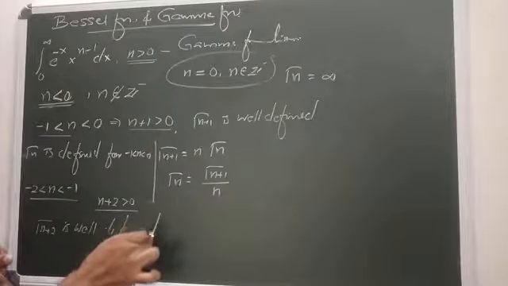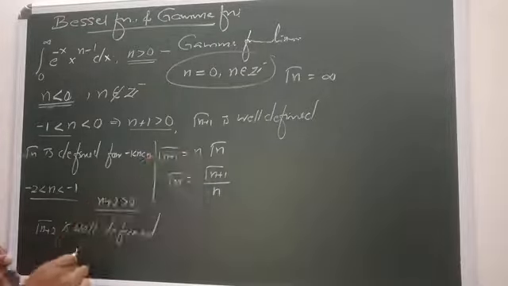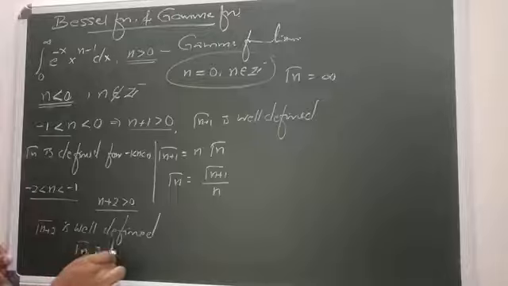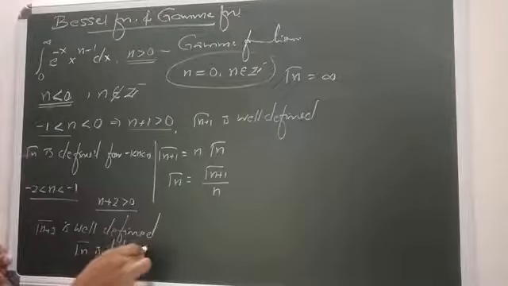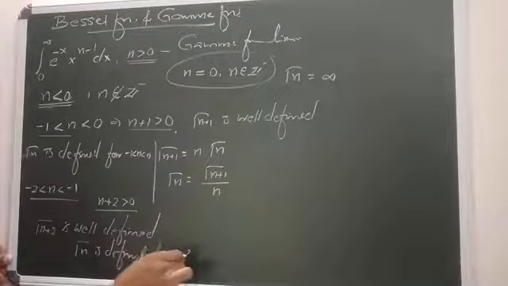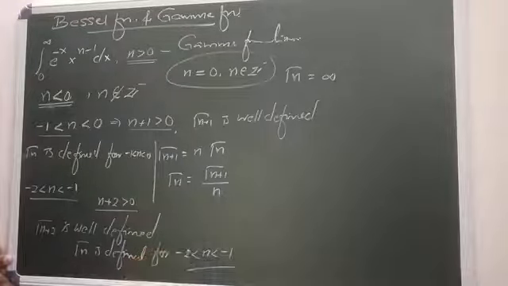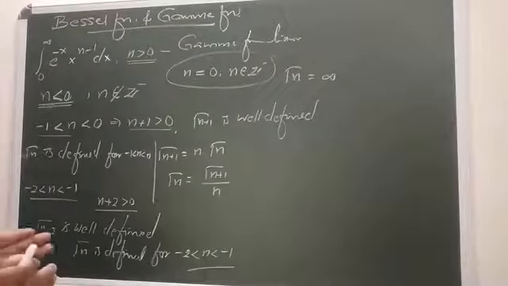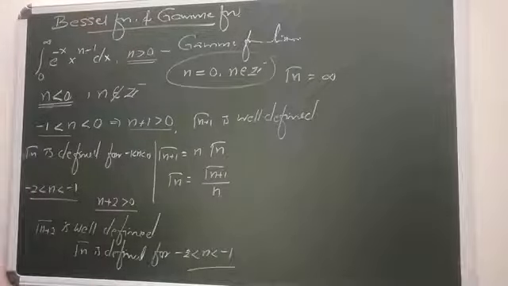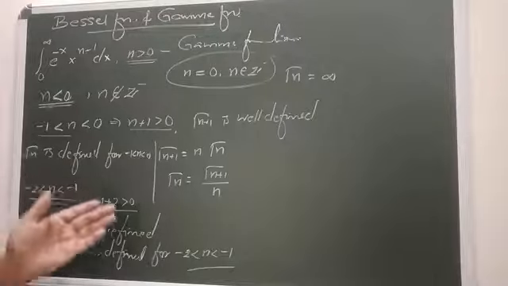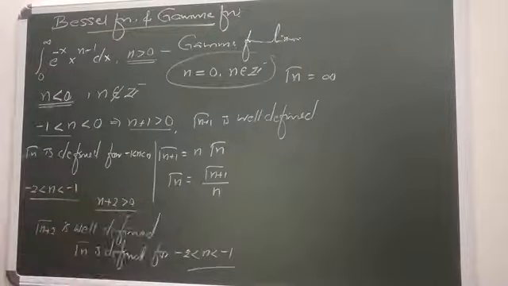So gamma of n is defined for minus 2 less than n less than minus 1. This is the behavior of the gamma function for negative real numbers. Gamma of a negative integer and gamma of 0 are infinity, but gamma of a negative non-integer real number is well defined.